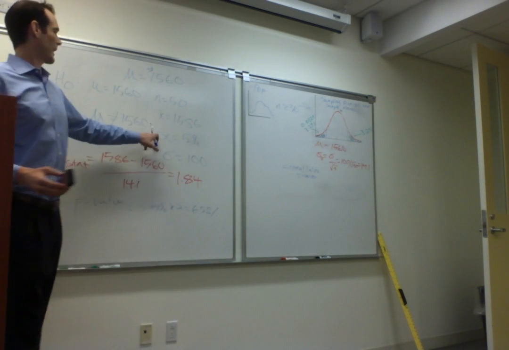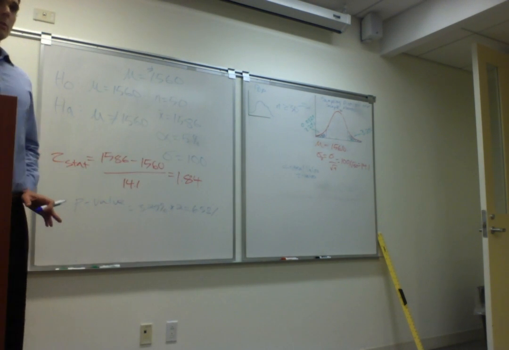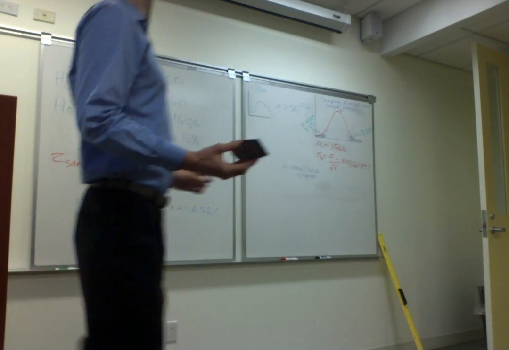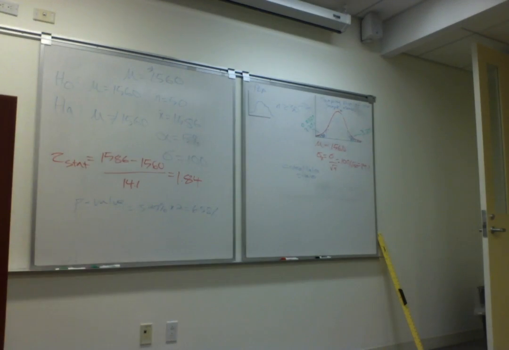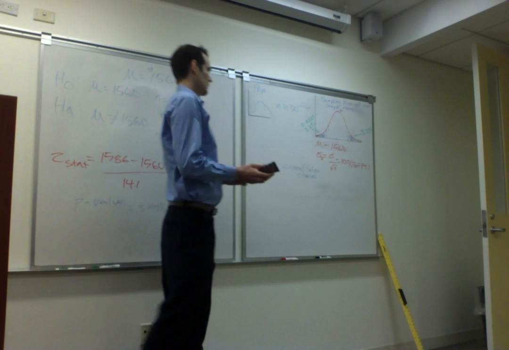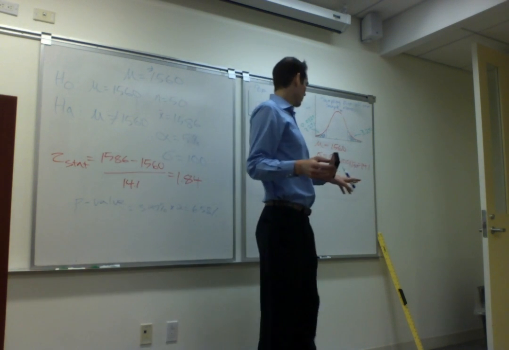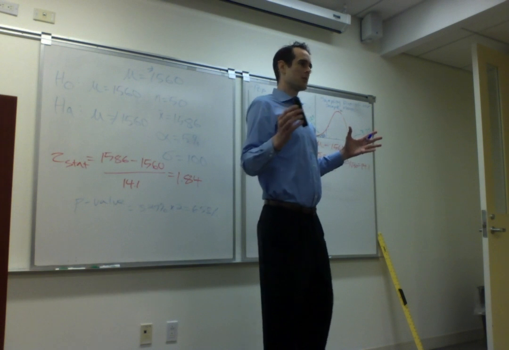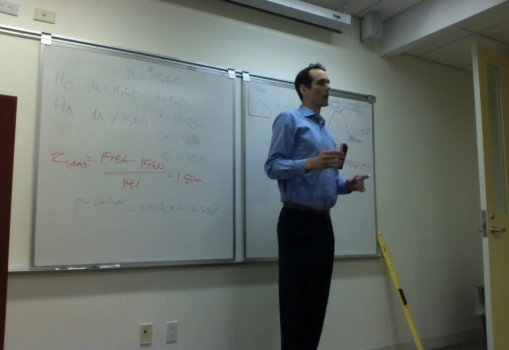We are now at the 5% level. We only have a 5% chance of making a mistake and incorrectly rejecting a true null hypothesis. The question is, what critical values, what numbers on that Z table do we need to put in here?